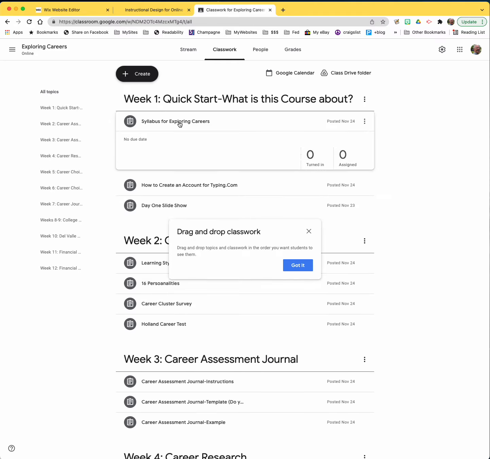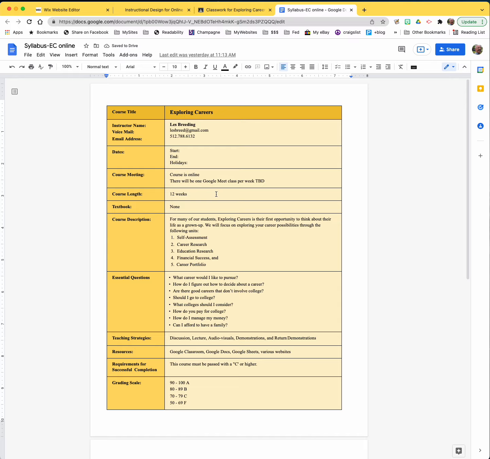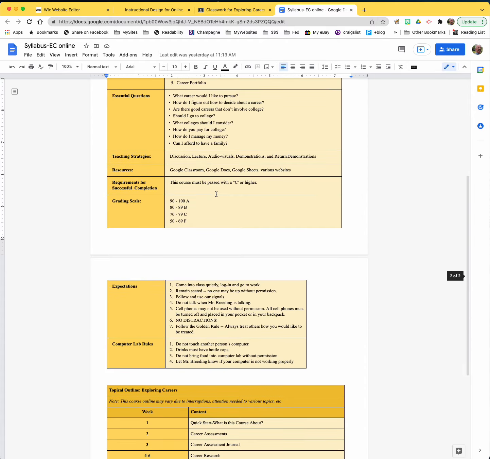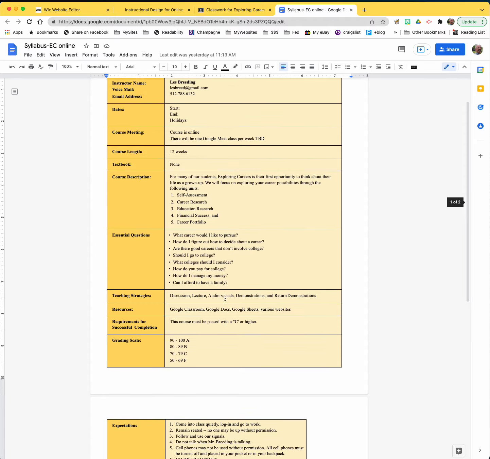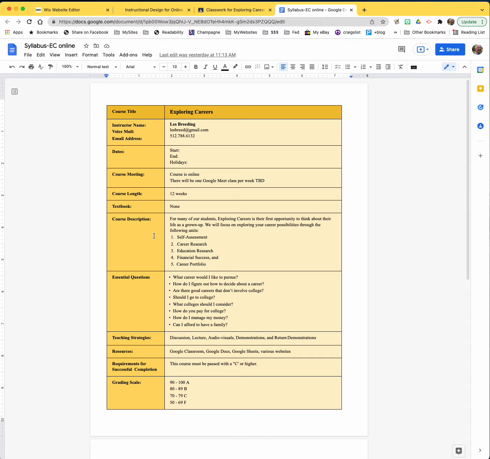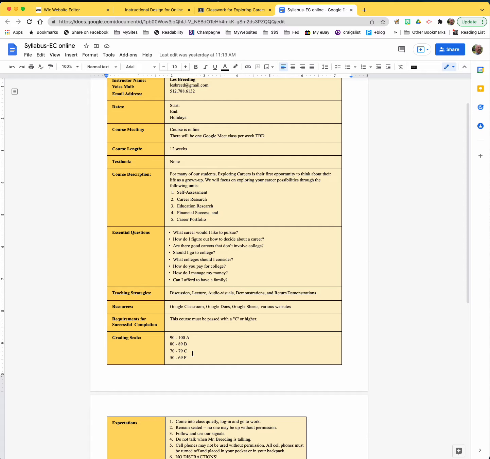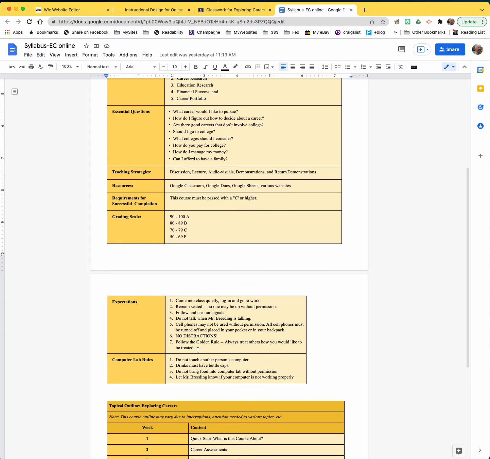And we have a syllabus. And this syllabus was created during this course. I think it's a nice addition to what I need to be doing for the course. So it gives an outline of the course as well as the other pertinent information, course description, essential questions, and the modalities with which we are going to be teaching, our resources and applications, and also grading information.